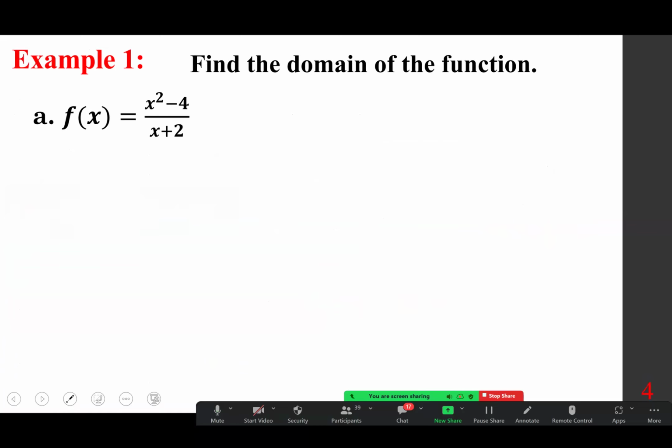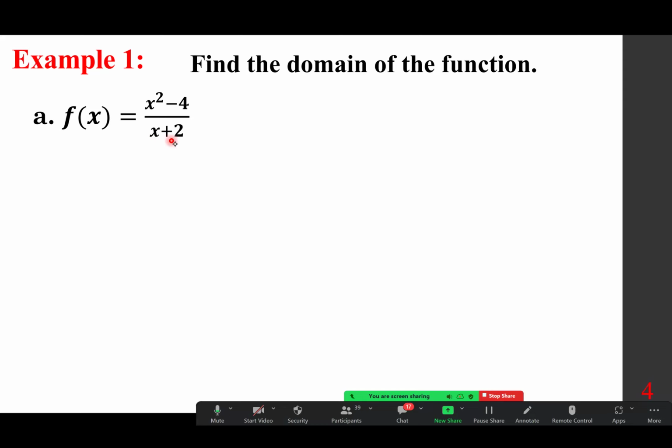Now, we want to find the domain, and it depends on the type of function. As you can see, this is a rational function. In the case of a rational function, the domain is all real numbers except what makes the denominator 0. So you set this equal to 0 and you exclude that.